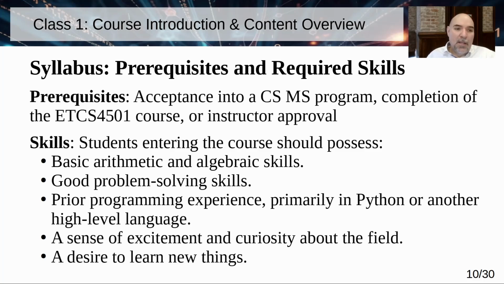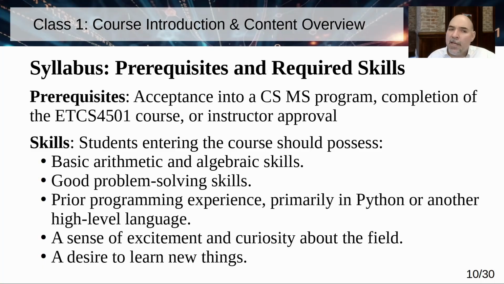Now, a couple things that you're expected for this particular course to be successful. This is a master's level class, so acceptance into one of the computer science master's programs is expected, or completion of the ETCS 4501 course, which gives you kind of the data structures and computing foundations that you'll find very helpful in this.